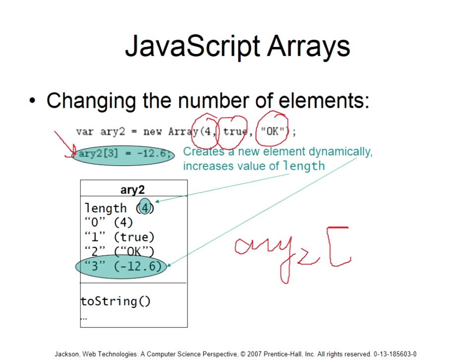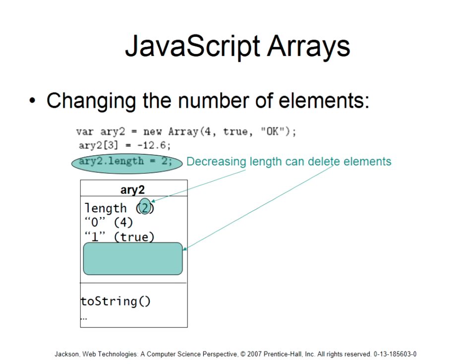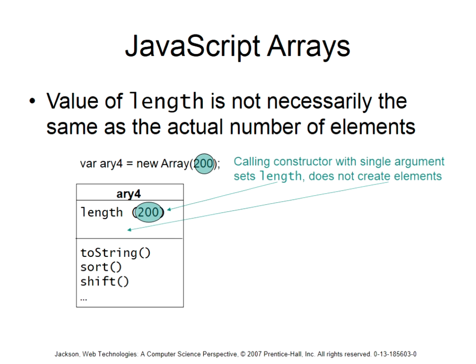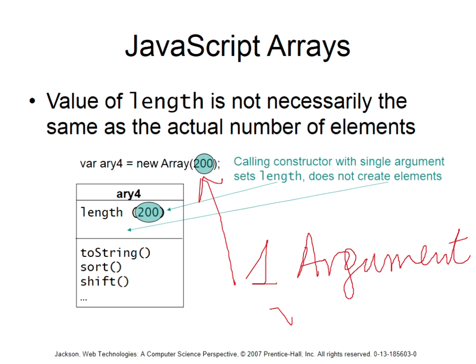For example, if I write array2[4] = 'hi', the length will be not 4, it will be 5, etc. Also in an array, if I write var array = new Array(200) with one argument, this argument is the length of the array, not the first value.